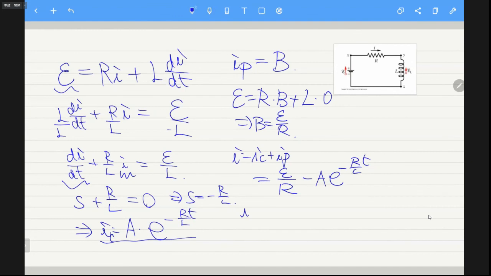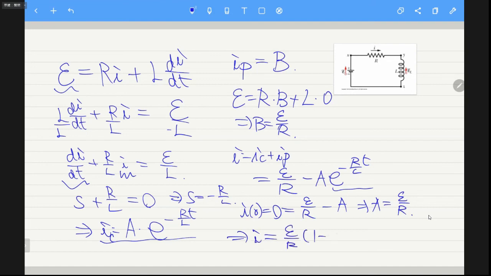We assume that I_0 is 0, so we have E over R minus A, because when we plug in t equals 0, the exponential is 1. So A equals E over R. Finally, we have I equals E over R times 1 minus exponential to minus R over L t.